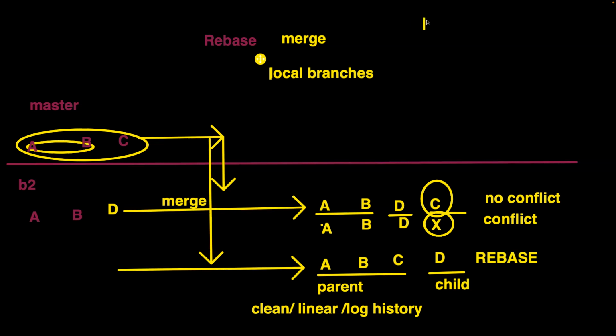In general, we will use another type of rebase, called pull with rebase. We will also look into that. Pull with rebase will avoid unnecessary commits when you are pushing onto remote. We will look into that as well.